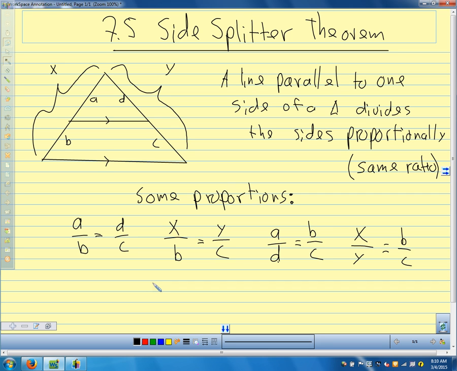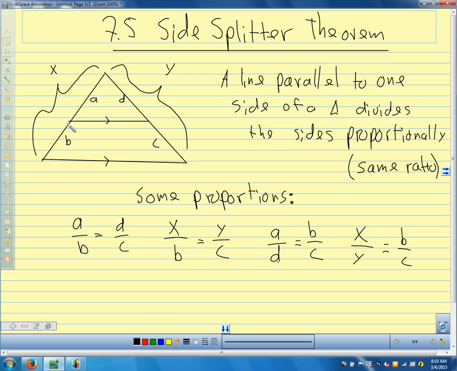So I said this is a connection to something that we did in the past. Mid-segment. When we talked about the mid-segment, if this were the mid-segment, how did the two lengths compare? Two times, right? The base was twice as long as the mid-segment.